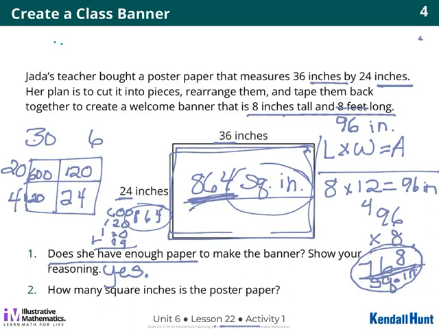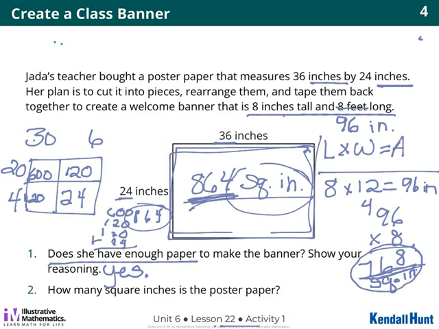Could you just do 864 minus 96 to find out? Because then it'd be 8 feet minus your area, and then if it was more than 8, you know you had it right. I don't know.